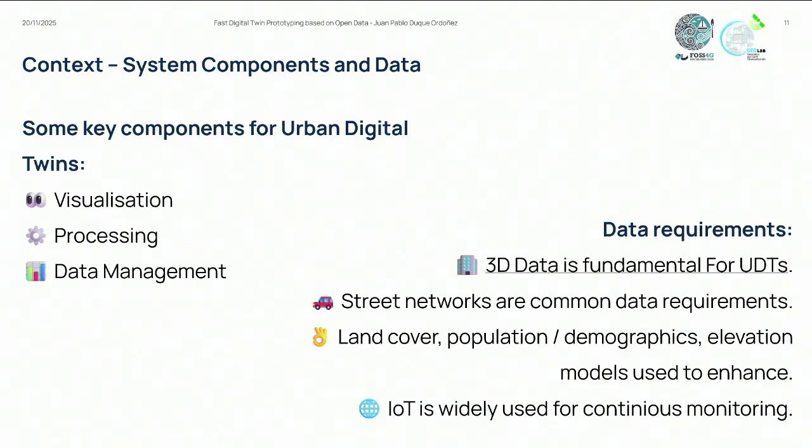We also found urban street networks to be very important, and other data sets like land cover, population, elevation models, and vegetation. These are the most important from the open data infrastructure. Finally, we found that IoT is widely used for continuous monitoring.